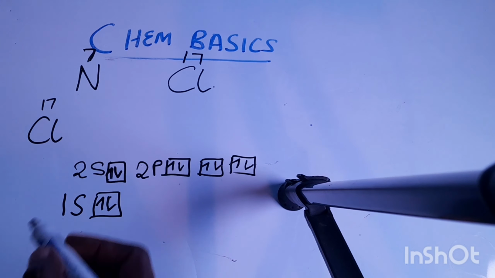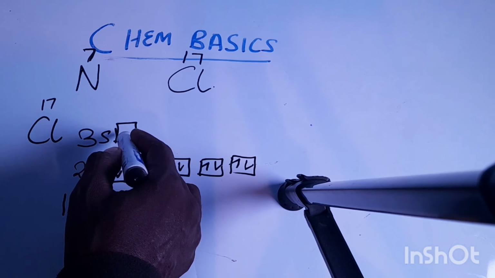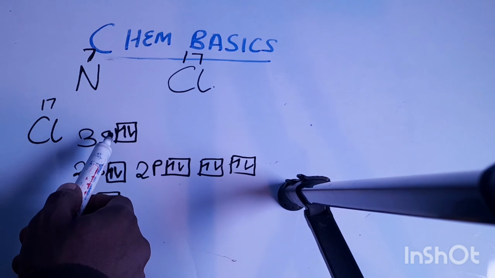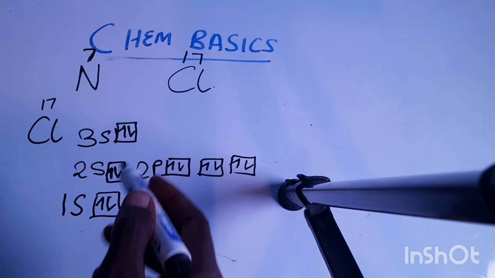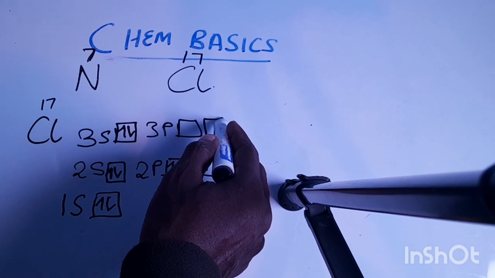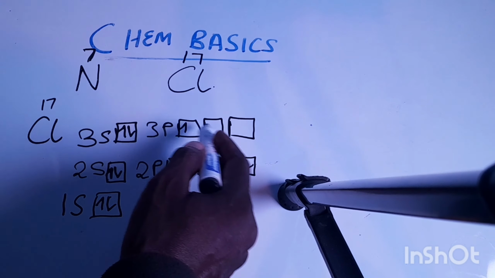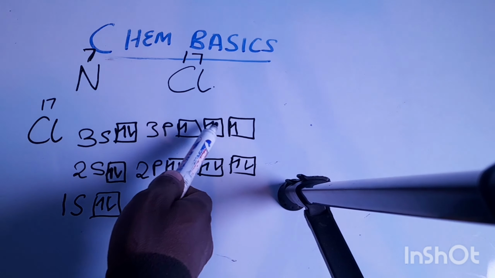When we're left with 7 electrons, it means that we are moving to the 3s orbital. So again, we go and fill the 2. So now we're having 2, 4, 6, 8, 10, 12. We're left with 5 electrons, right? So it means that we can fill the 3p now. We first fill 1, 1, 1. So now we filled the 1, 1, 1. From this 12, if I add this, there will be 13, 14, 15.